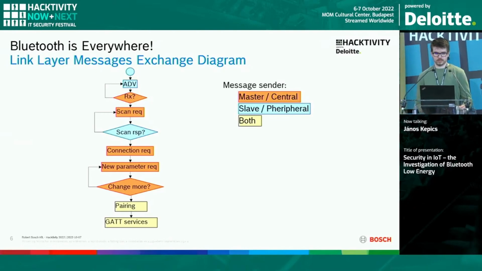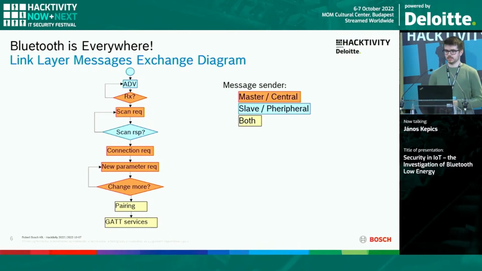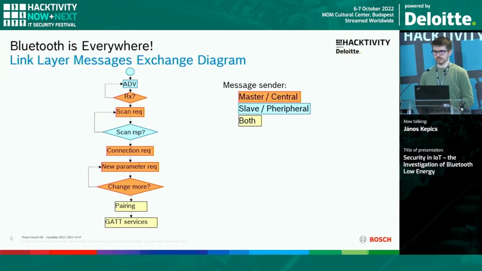Here is how a link layer message exchange diagram looks between a central and a peripheral device. First, the peripheral device sends out an advertisement message, and then the central device can respond to this with a scan request message.